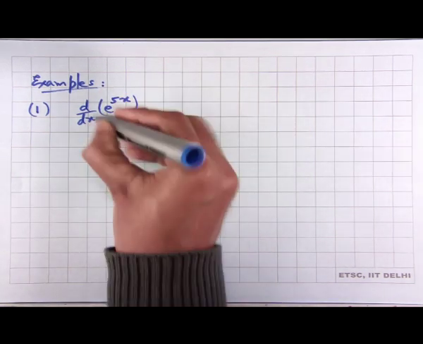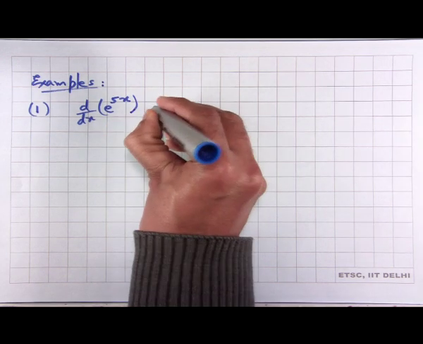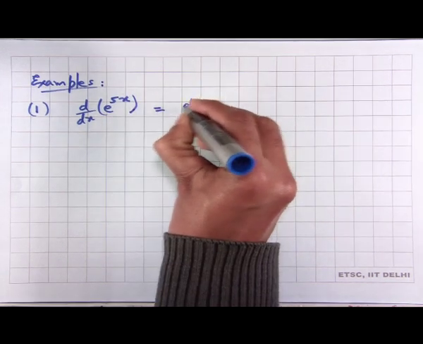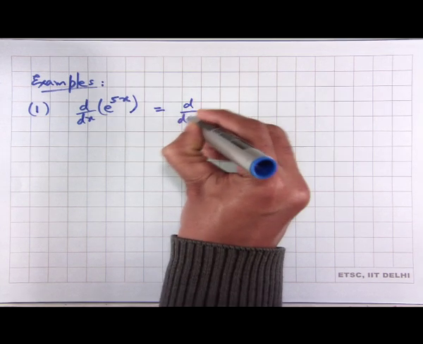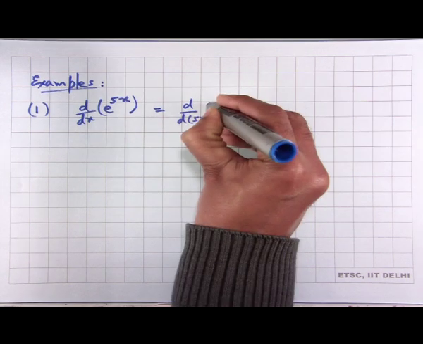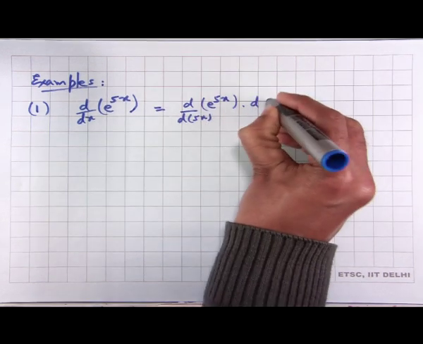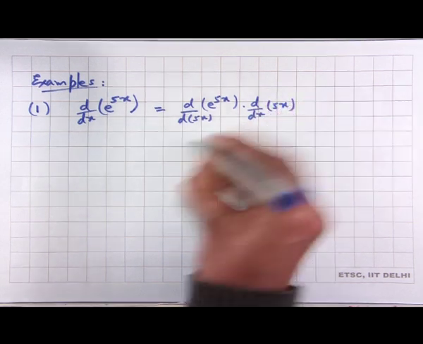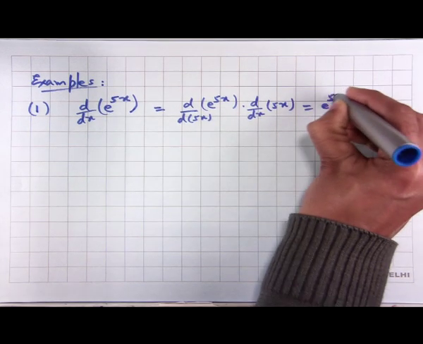We can use the chain rule: the derivative of the exponential function gives e to the 5x, times d by dx of 5x, so we get e to the 5x times 5.